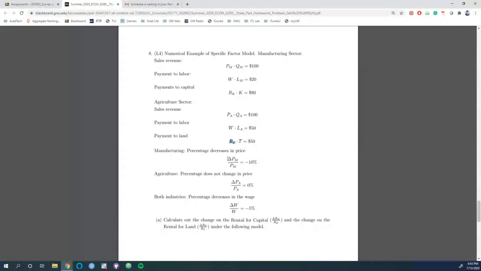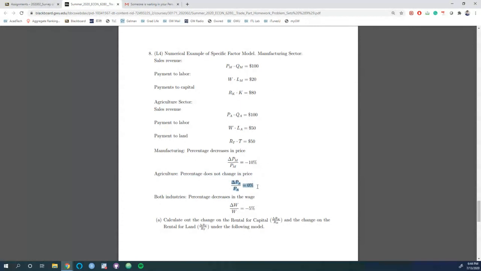And then I also told you, the question also tells you the percentage decrease in price. The result after the trade is this in manufacture. So the manufactured goods decrease by 10%. And the percentage of the price of the agricultural goods does not change.